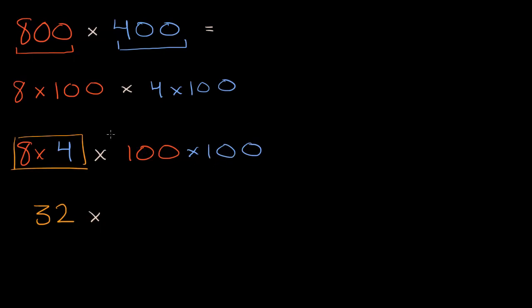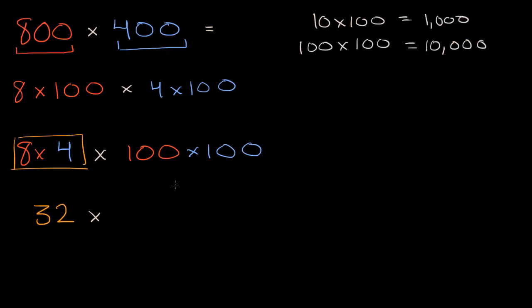But one way to think about it is, well, 10 times 100 is equal to 1,000. And so 100 times 100 is going to be 10 times that, or it's going to be equal to 10,000.